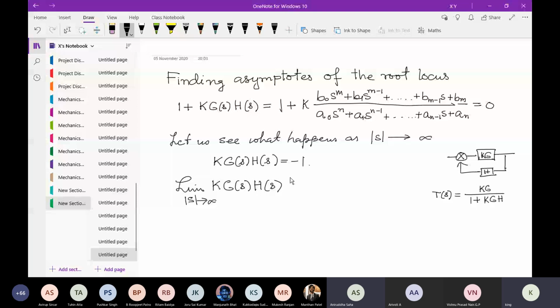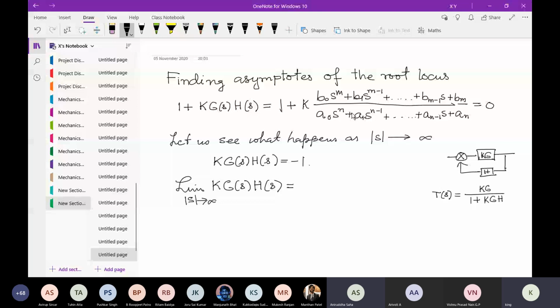Sir, why don't we break up the numerator and denominator for the transfer functions? We have actually, that is what we have done here. This is the numerator part, this is the denominator part of G(s)H(s). So this is your N(s), this is your D(s). Sir, but there will be a contribution from the denominator of G coming from that KG, right? So the denominator of the transfer function won't be like 1 plus KGH.